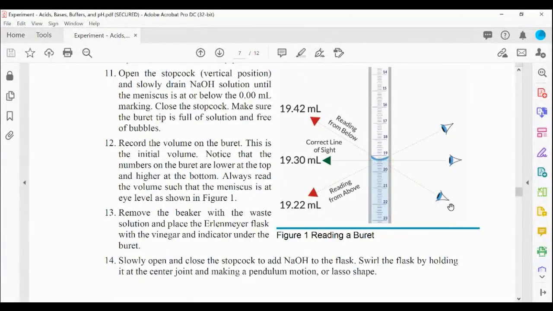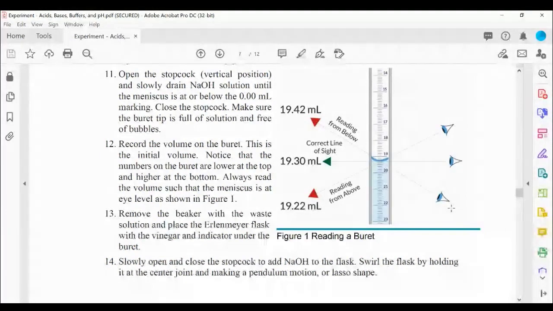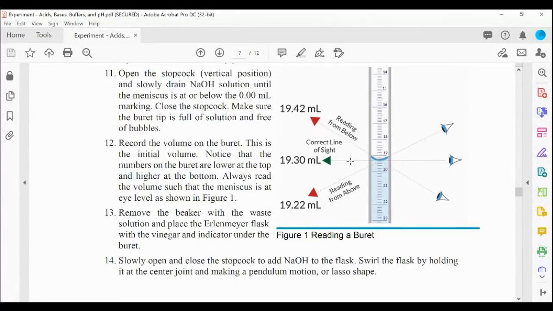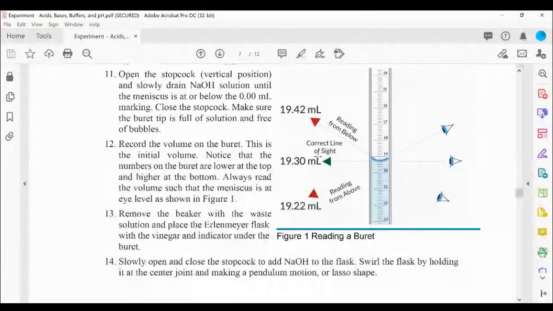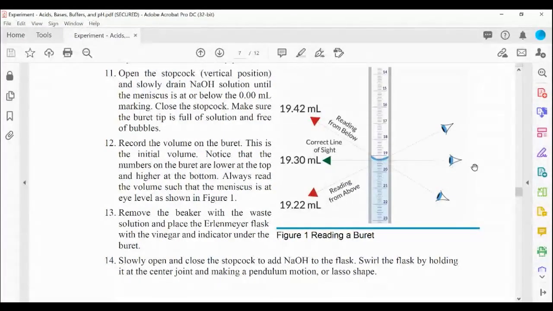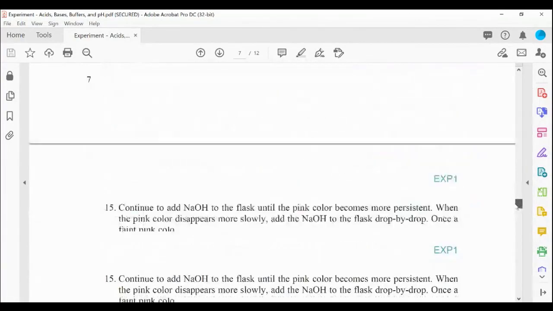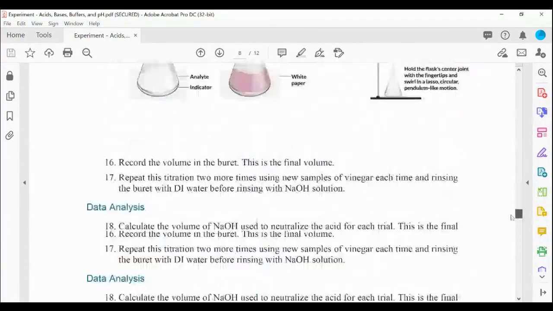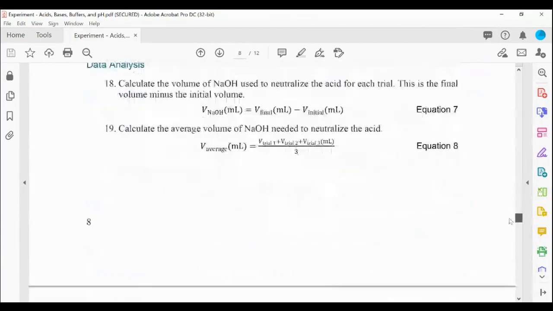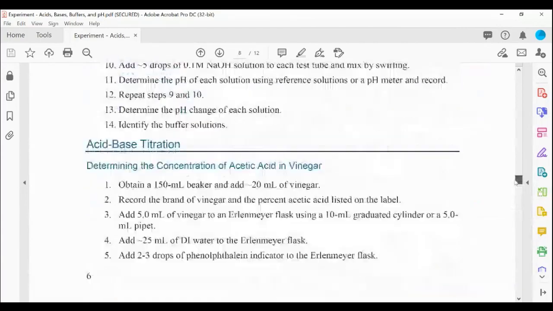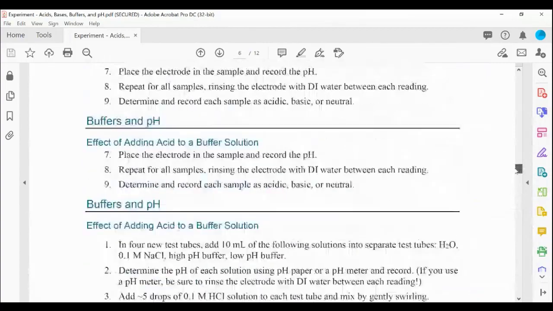If you read from below, you are going to read a higher volume. That's why it's important to be in the correct line of sight. And what else is here in the right tab? This is the setup, and let me see, acetate titration.